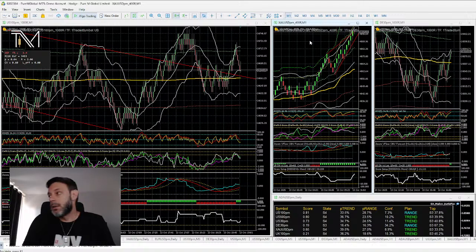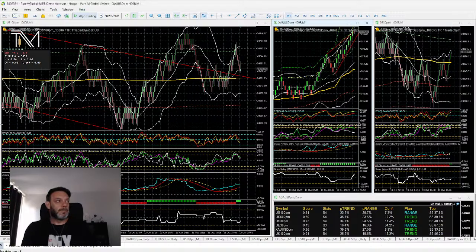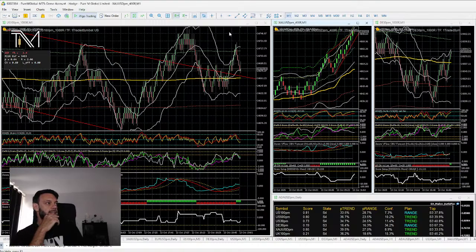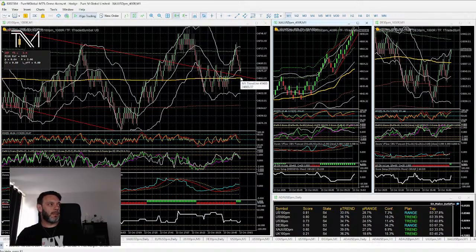Okay, now Nasdaq denied this attempt to come back to the resistance, but still supported from this trend line, still above.